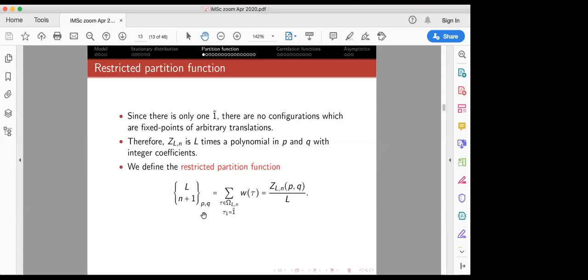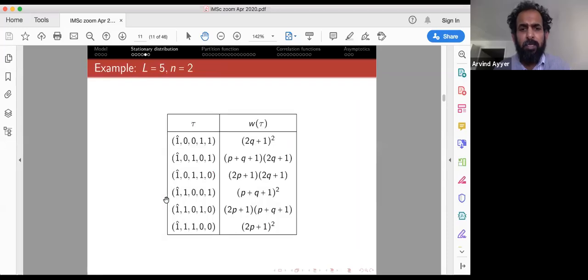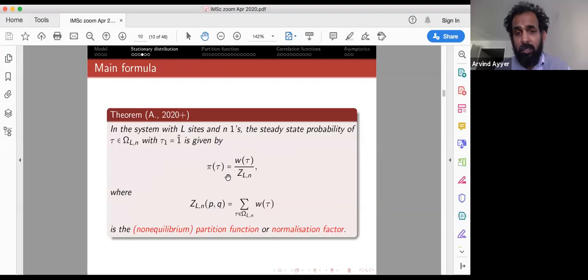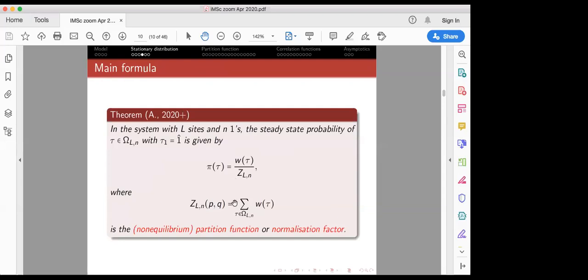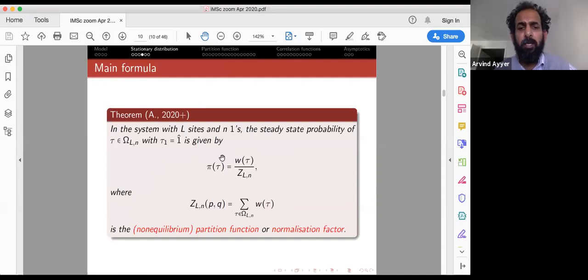Yes? Can you recall the definition of Z_{L,N}? Yeah, it's just the denominator which normalizes the probabilities. So you sum over all weights, so that pi of tau sums to 1 overall.